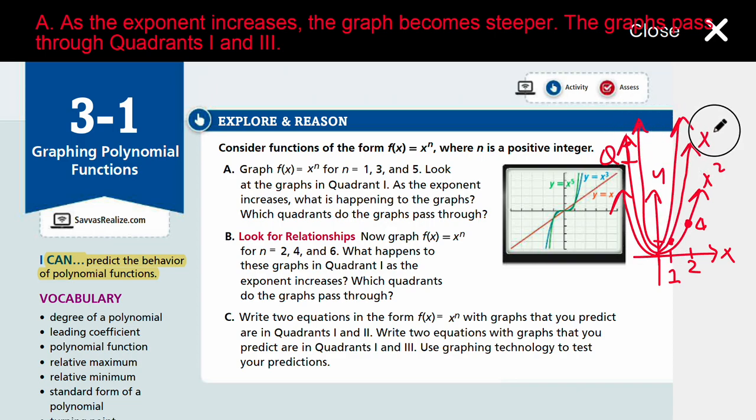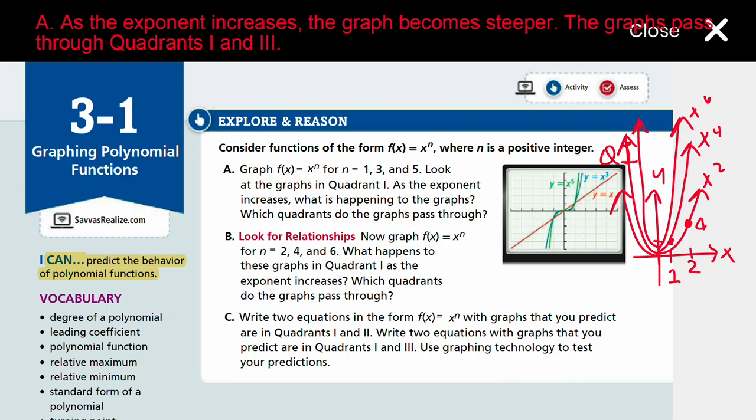So this would be x to the 4th, x to the 6th. So you'll see the graphs getting steeper and steeper as well, but the quadrants are different, right? Do you know why? Because when the x is negative, your y would still be positive because you have a power of even numbers, right? So you'll always have a positive number.